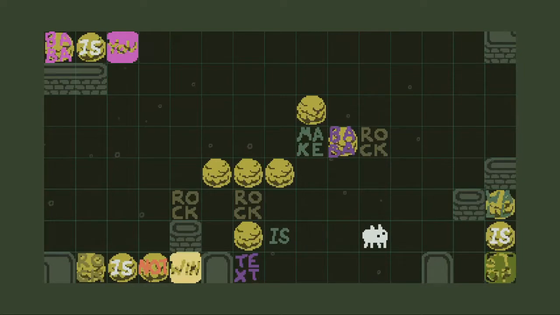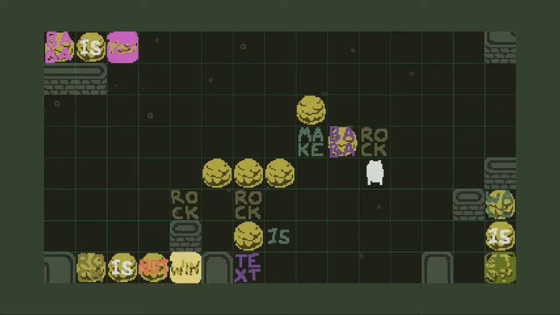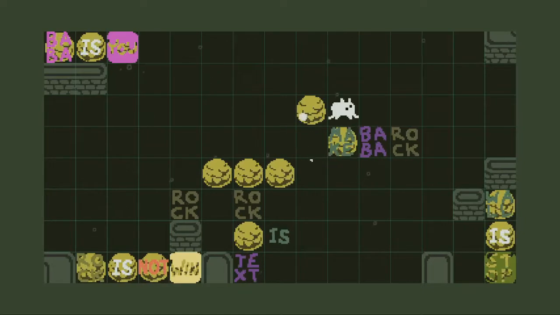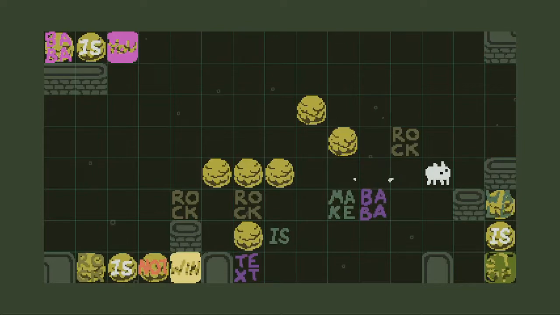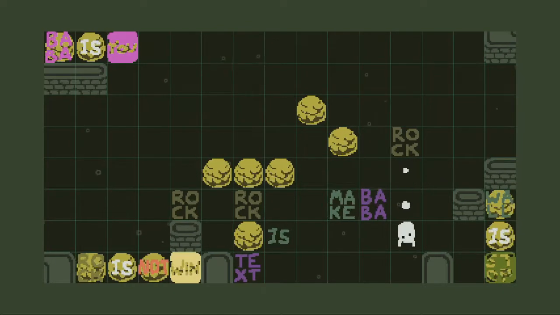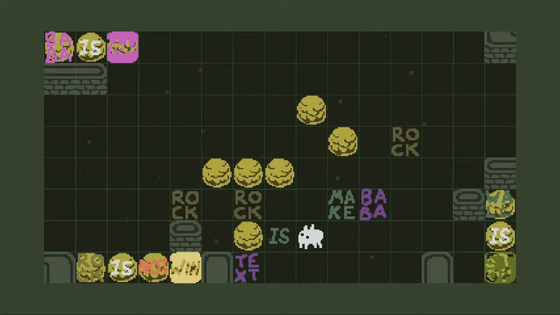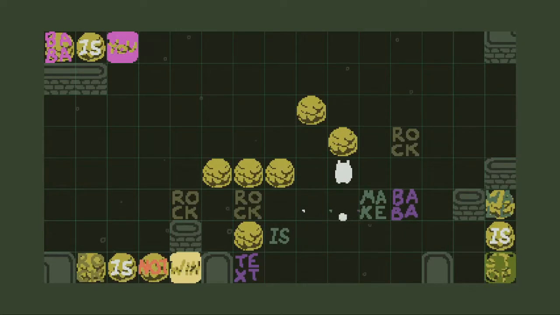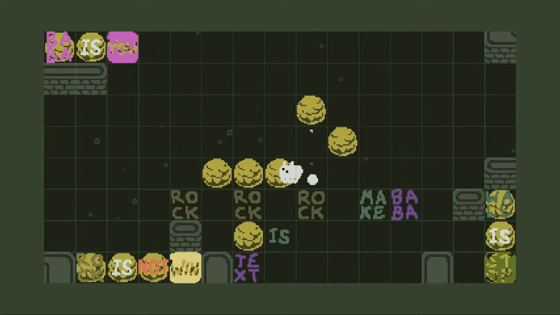Actually, I might just be able to do that all the time. It's kind of scary. But it might work. Let's see. So if I wanted to be over here and then have Rock make Baba, I'm just trying to figure out the right way to approach the rule making.